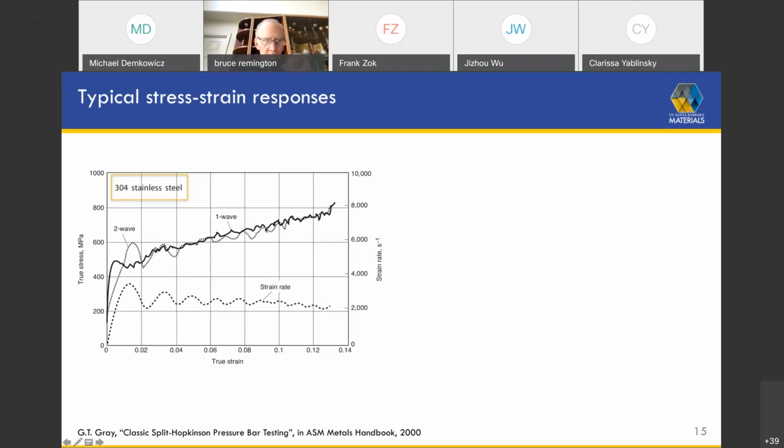If you use the front face stress, you get the dotted line. Okay? And the fact that these two are almost the same is just confirming that indeed you're achieving equilibrium. Whether or not you want to take the average of these two to get the average force on the specimen, well, it doesn't really matter. You're going to get essentially the same kind of result.